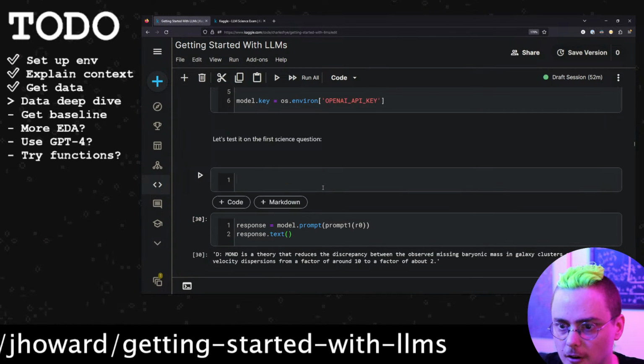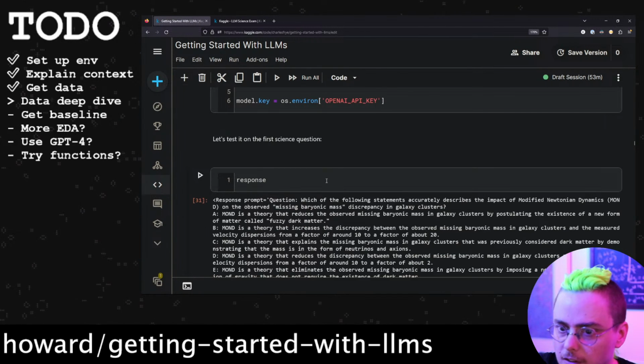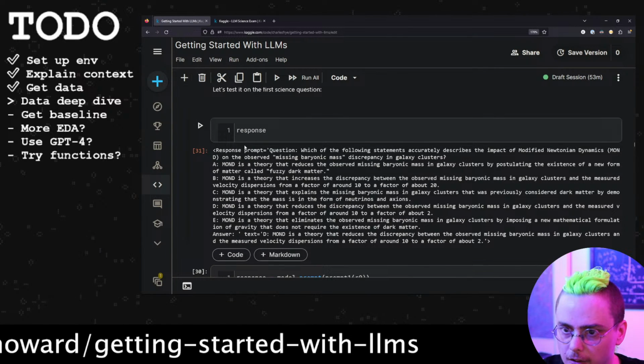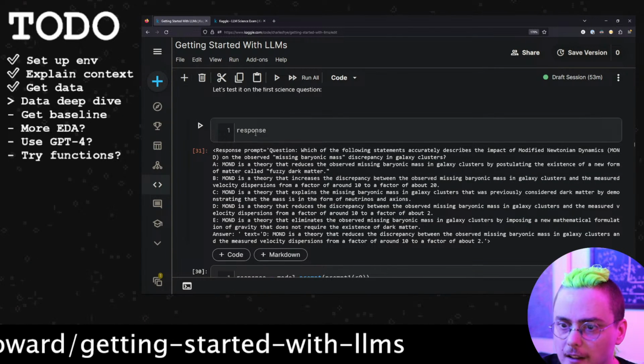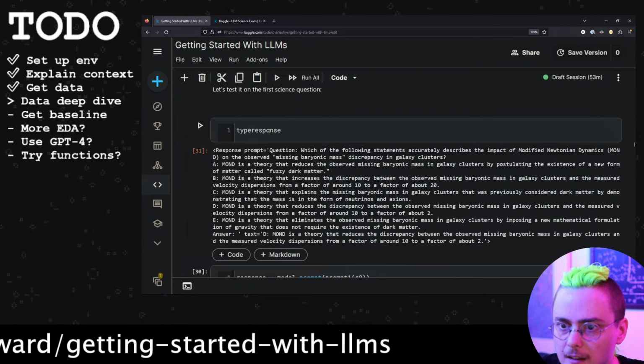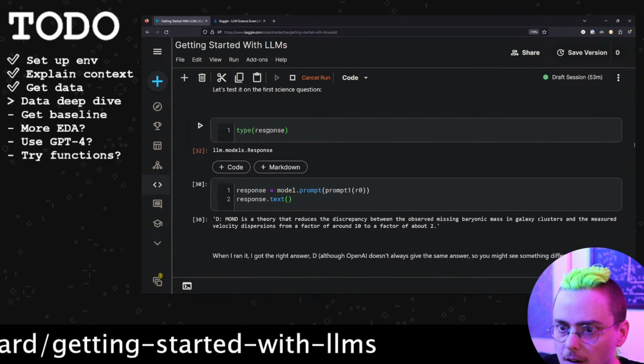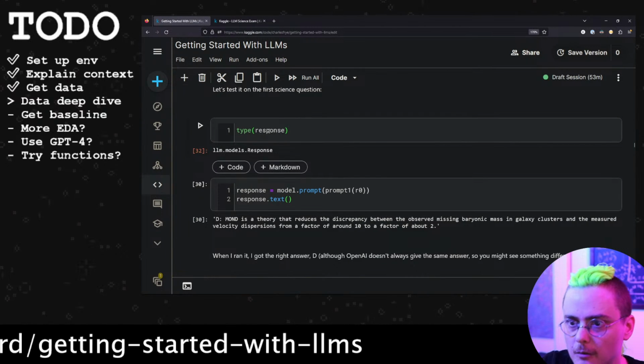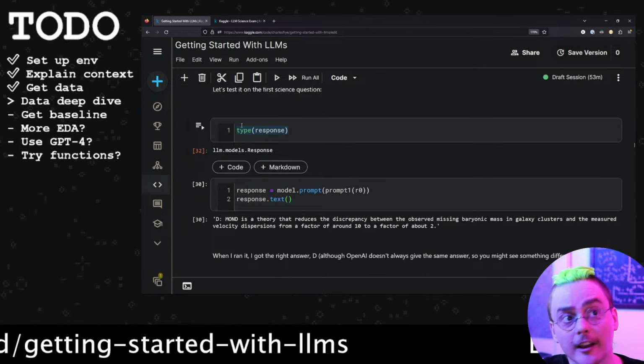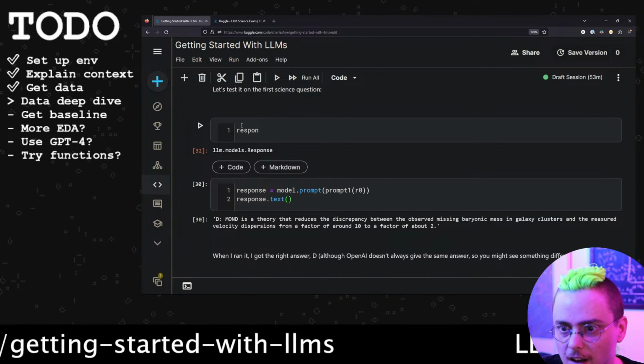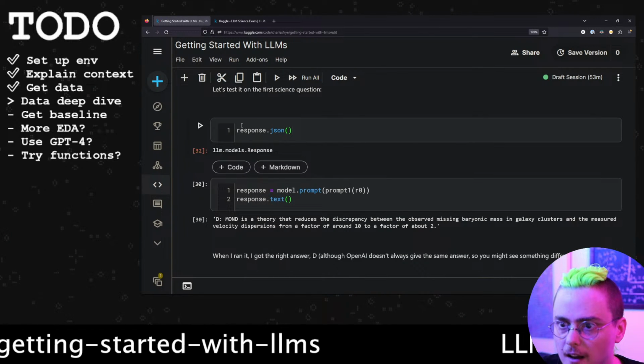I'm actually kind of curious what this response object looks like. All right, so it looks like it might be some kind of Pydantic thing. So let's see, LLM.models.response. Yeah, so I bet this is a Pydantic thing, a JSON-y type object.